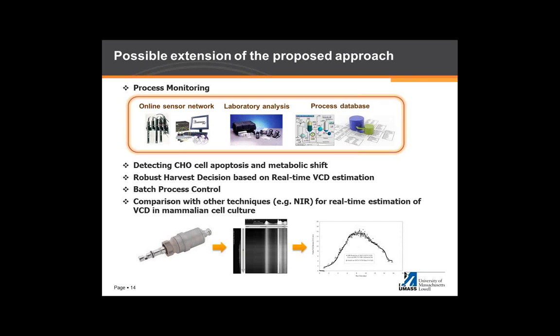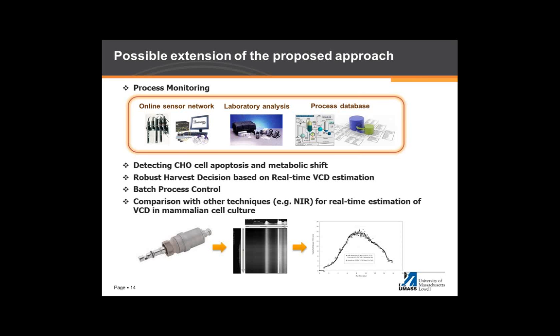For example, for the harvest decision, usually harvest is going to be made when cell viability goes down below 70% or 60%, meaning that harvest is going to happen during the declining phase. But since dielectric spectroscopy and capacitance-based viable cell density measurement is not going to give accurate numbers, this technology hasn't been used for the harvest decision.